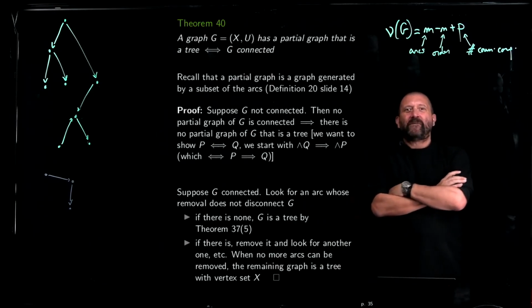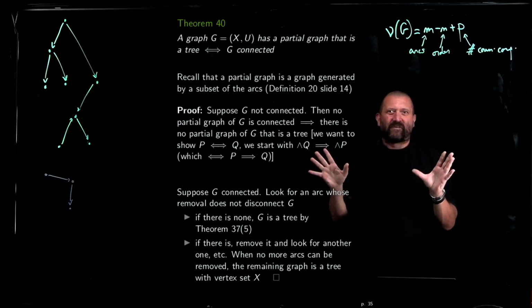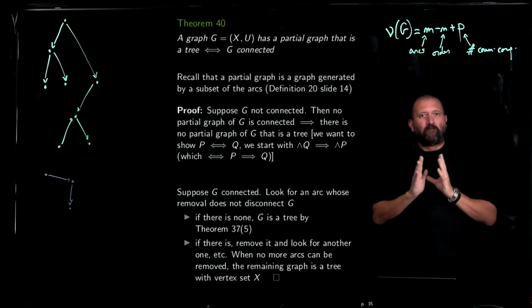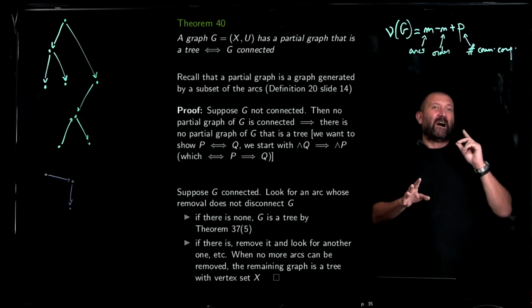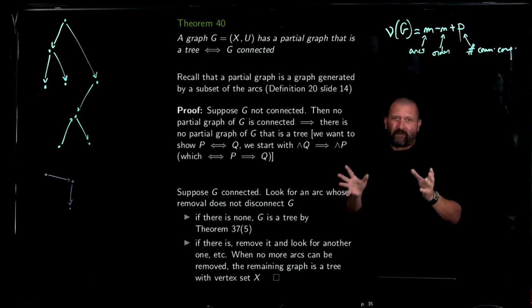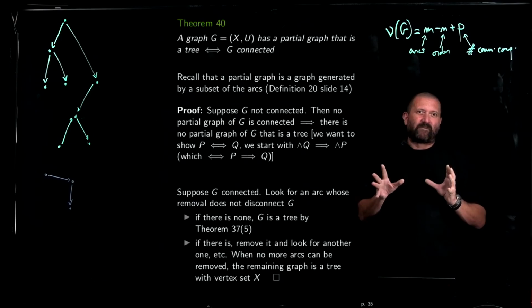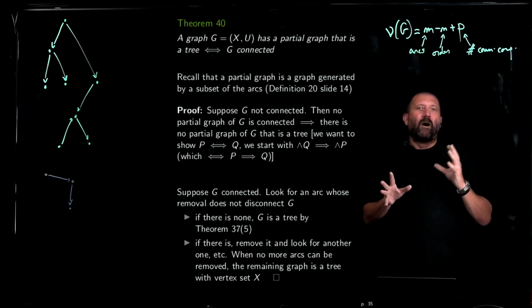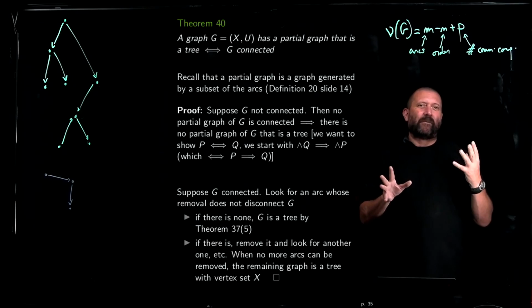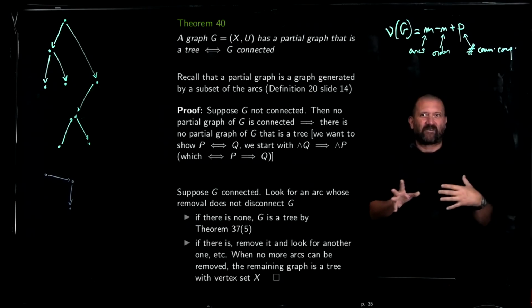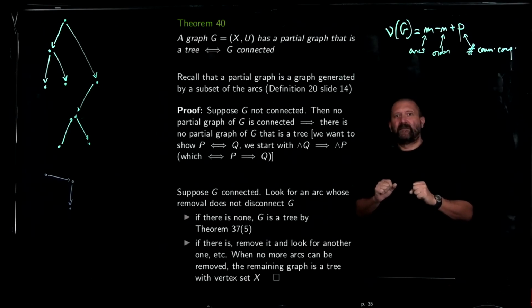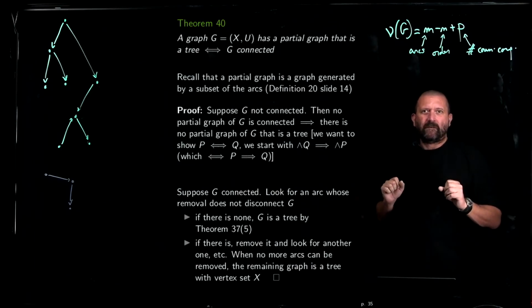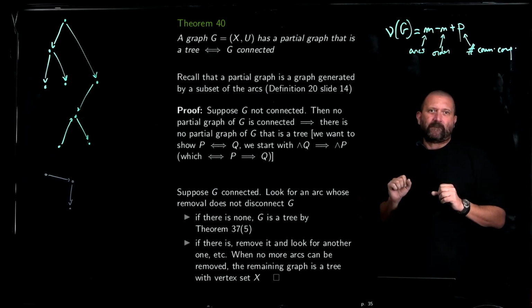First of all, remember that a partial graph is the graph that I generate by considering a subset of the arcs, whereas a subgraph is the graph that I generate by considering a subset of the vertices. So what that says is that it is equivalent to say that I have a partial graph that is a tree and that G is connected.